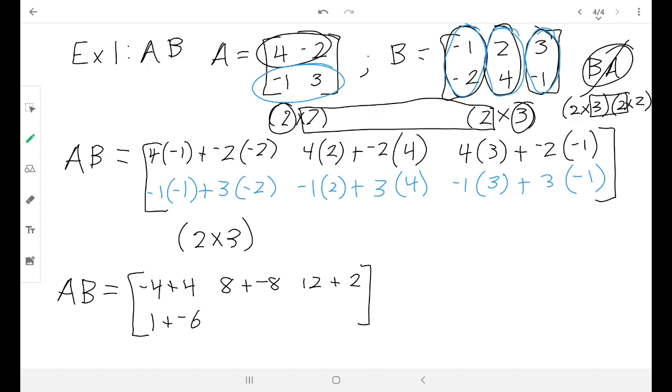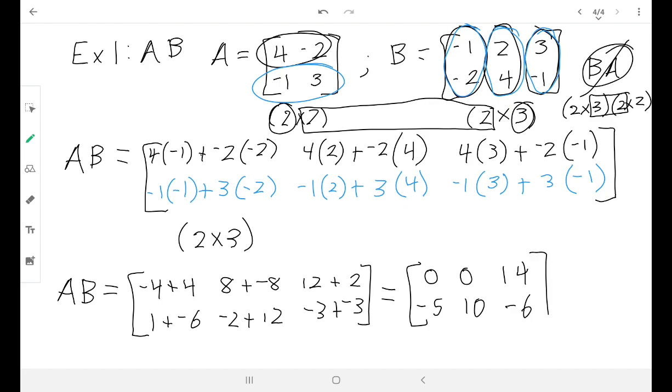And -1 times 2 is -2, plus 3 times 4 is 12, and -1 times 3 is -3, plus 3 times -1 is -3. And so I get a final answer of 0, 0, 14, -5, 10, and -6. So there's my final matrix. So that is matrix multiplication.